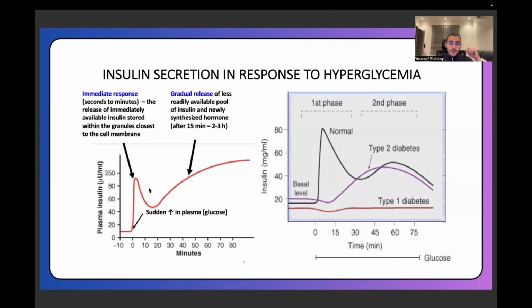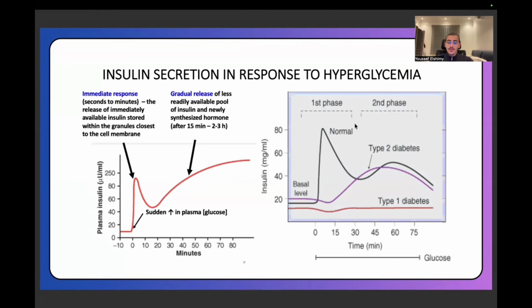Then, with time, there is gradual release, and this happens from about 15 minutes till 2 to 3 hours after the meal, and this is due to insulin still being produced. So this gradual increase is due to the newly produced insulin that gets secreted by the beta cells.